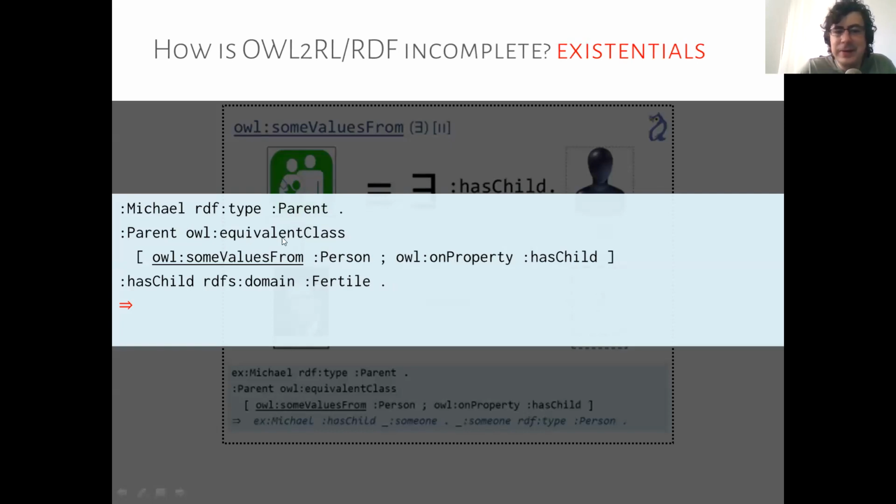So a parent is essentially someone who has a child that's a person. And then we define that has child is domain fertile, okay? So in this case, we know since Michael is a parent that Michael must have a child and that child must be a person. And since Michael has a child, then we should be able to entail that Michael is fertile.